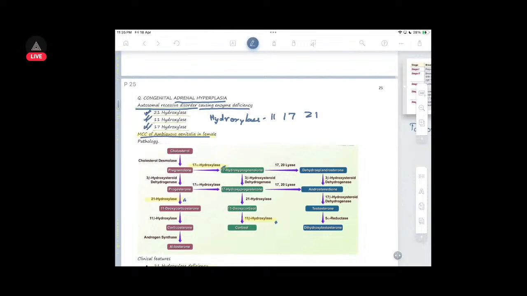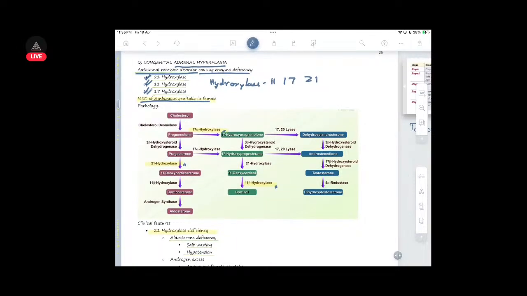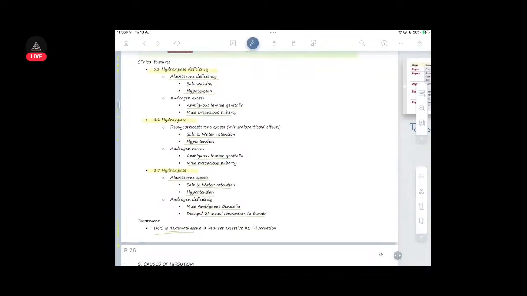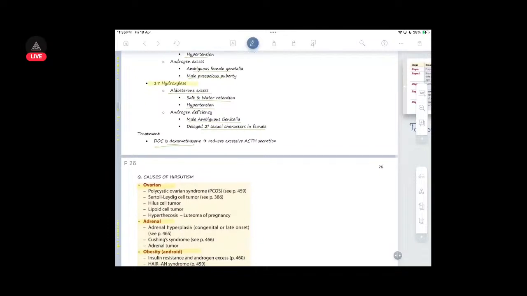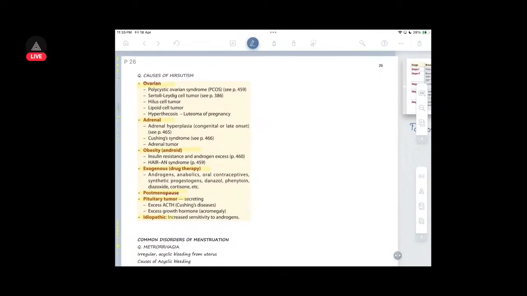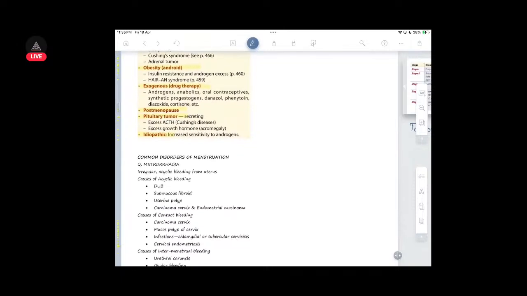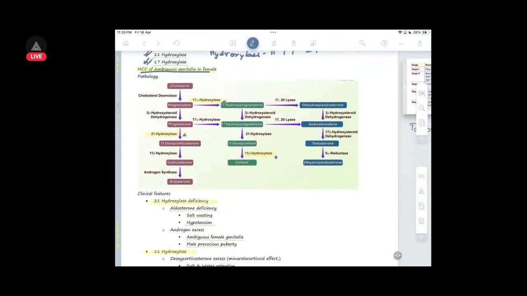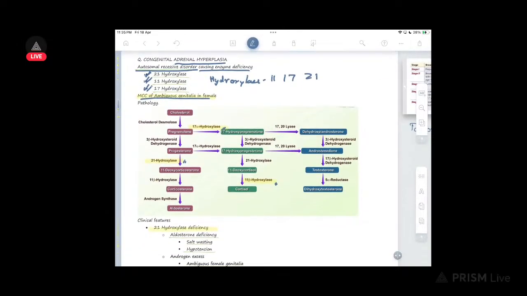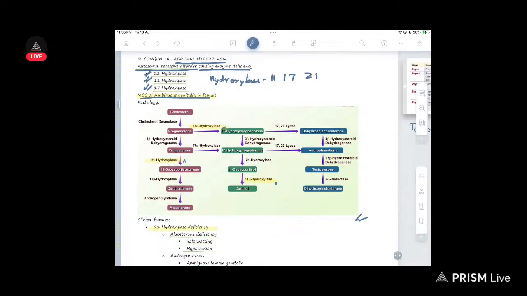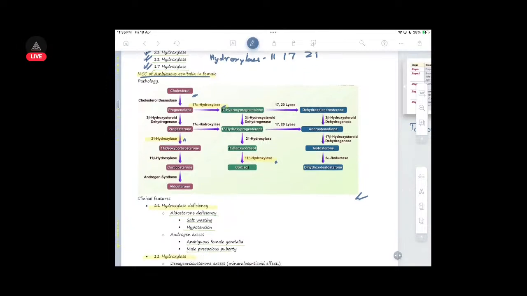This is hirsutism; congenital hyperplasia leads to hirsutism. This entire flowchart is not that important. You can just write a few words: cholesterol to 17-hydroxypregnenolone will be formed by 17-hydroxylase.